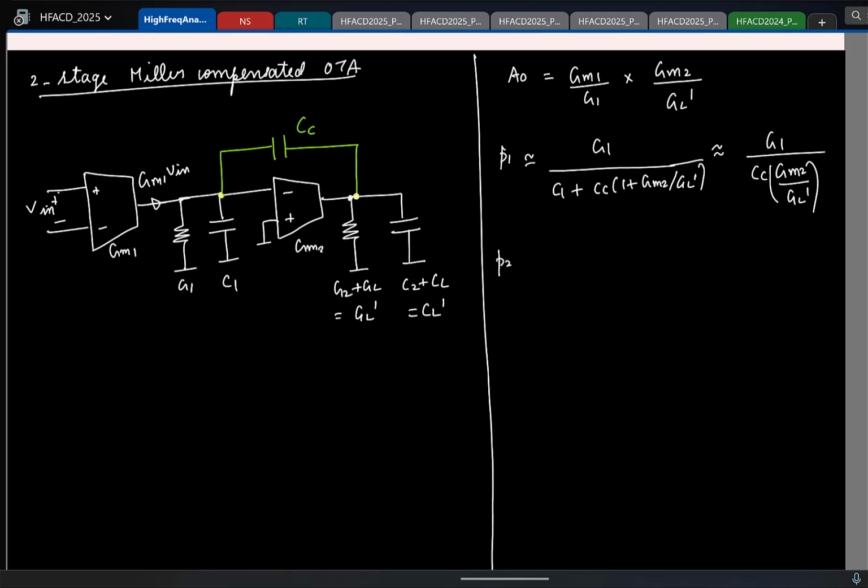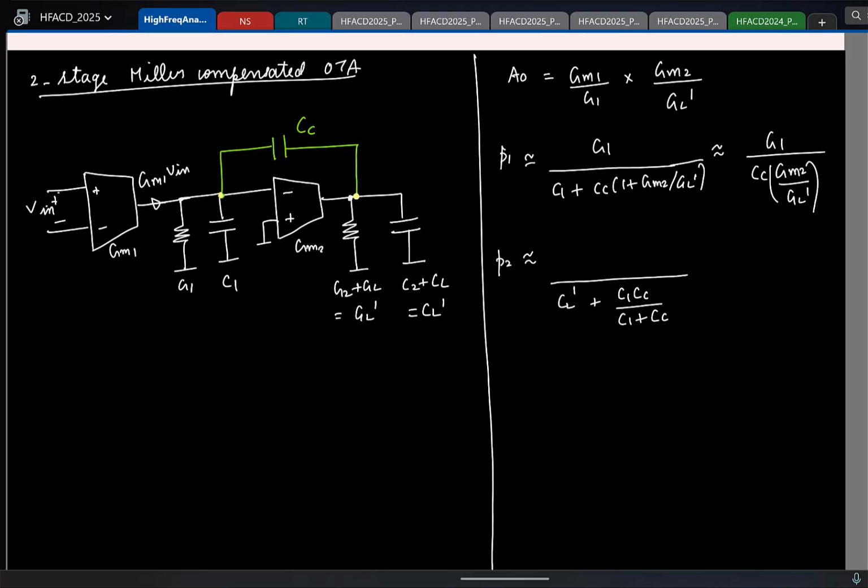Similarly, let's write the high frequency pole. What is the total capacitance at the output node? I have CL prime and these two in series, right? So I have CL prime in parallel to the series combination of C1 and CC. Okay.